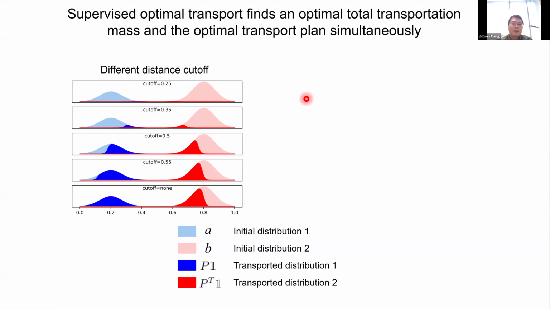And another good property, due to the elimination of the strict marginal distribution constraint, is that we allow partial coupling between distributions. In traditional optimal transport, we need the two original distributions to be probability distributions. In other words, this light blue and light red have to have the same total mass.